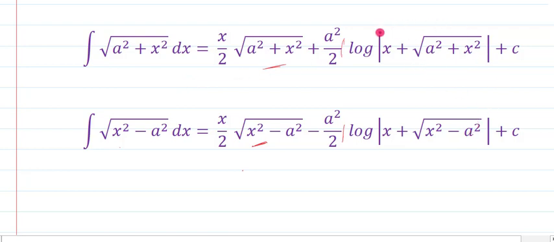And in the first one, where we are having a square minus x square, you should remember that 1 upon square root of a square minus x square integrates to sine inverse x upon a. Similarly, if we are having a square minus x square, then in place of this log of x plus square root of a square plus x square, we will be having sine inverse x upon a. The rest of the things are the same in all the three results, so you can learn these three results very easily.